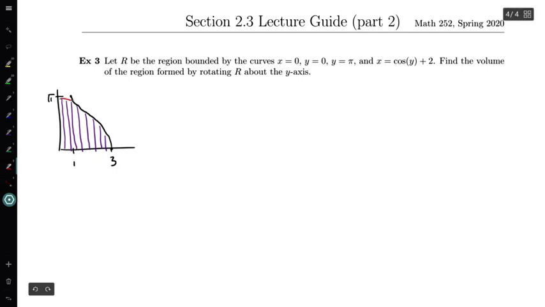On the other hand, if I integrate with respect to y, I'm always using the y-axis as my lower bound, and I'm using the curve x equals cosine of y plus 2 as my upper bound. So this is also a really nice indication that integrating with respect to y is a good idea. So let's say integrate with respect to y.